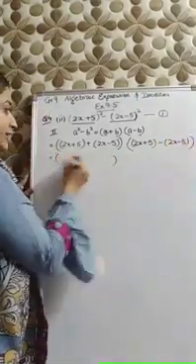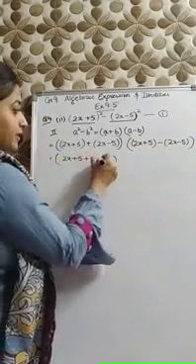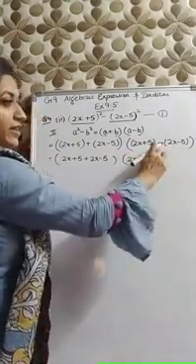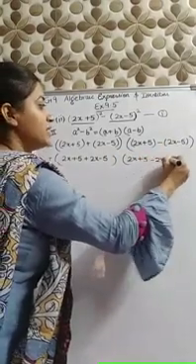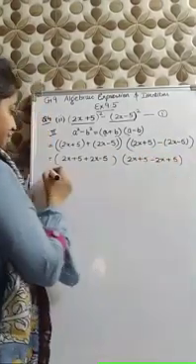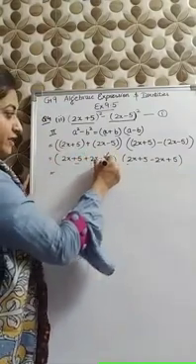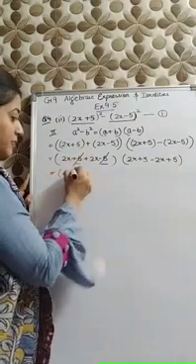Now open the bracket and change the sign wherever required. Let's change the sign of this term because here we have a negative sign. So the sign will change: minus 2x plus 5. In the first bracket we have plus 5 and minus 5; they will cancel out. So I will write here 2x plus 2x will be 4x.